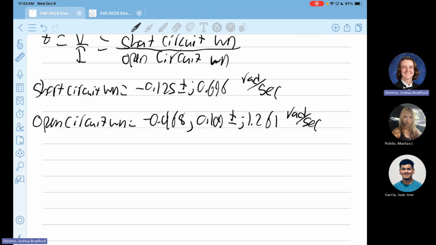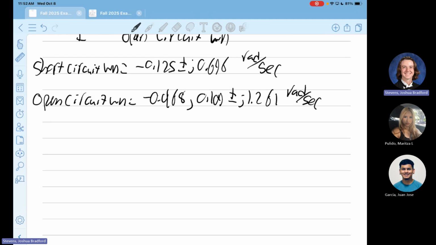So if you want to find if your short circuit is stable or unstable, put it in the denominator. Same thing with the open circuit. Yes, what I said is correct, but don't think of it that way yet.